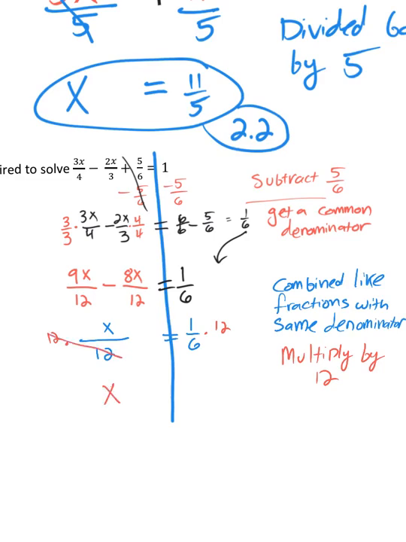I'm left with x equals 1/6 times 12. If I have 12 sets of 1/6, I have 12/6, that is 2. So x equals 2. And all I did in this last step was reduce the fraction.